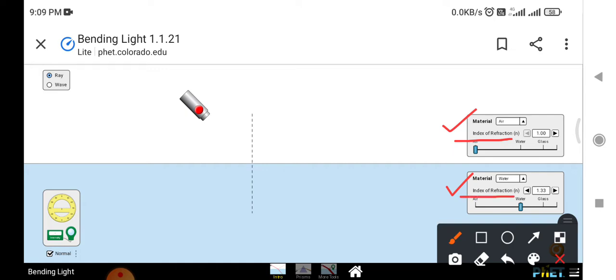They have given 3 media: air medium, water medium and glass medium. For material 2 also they have given air, water, glass. This is a light source. This is a projector. Using this projector we can measure the angle of incidence and the angle of refraction.